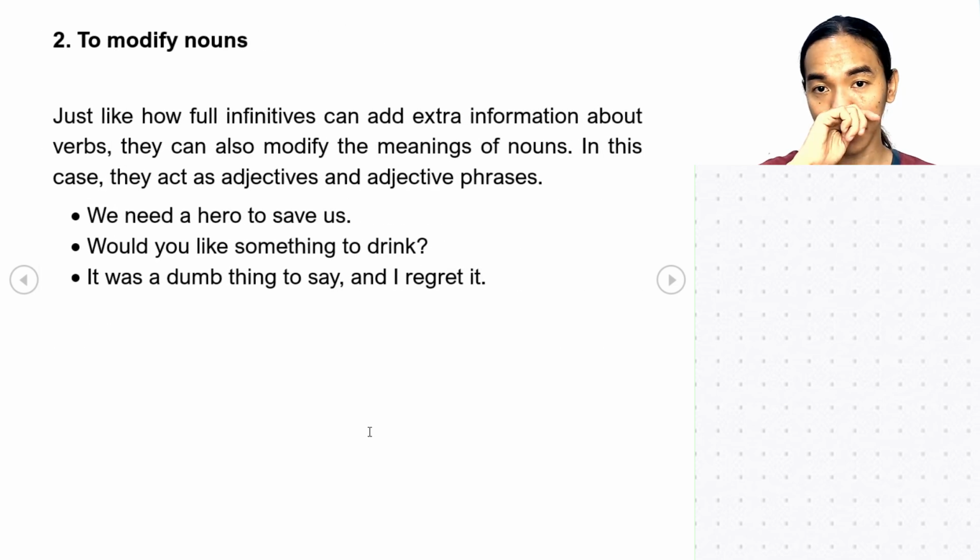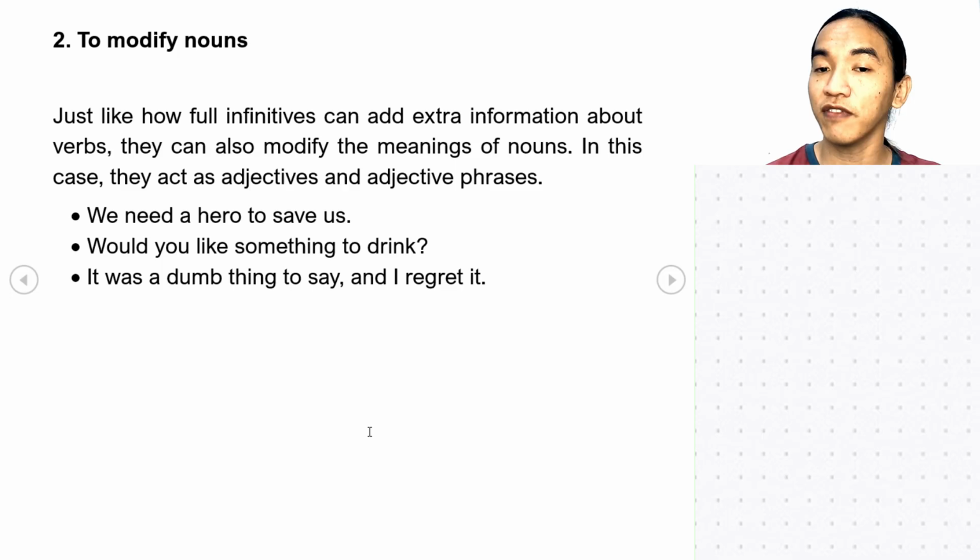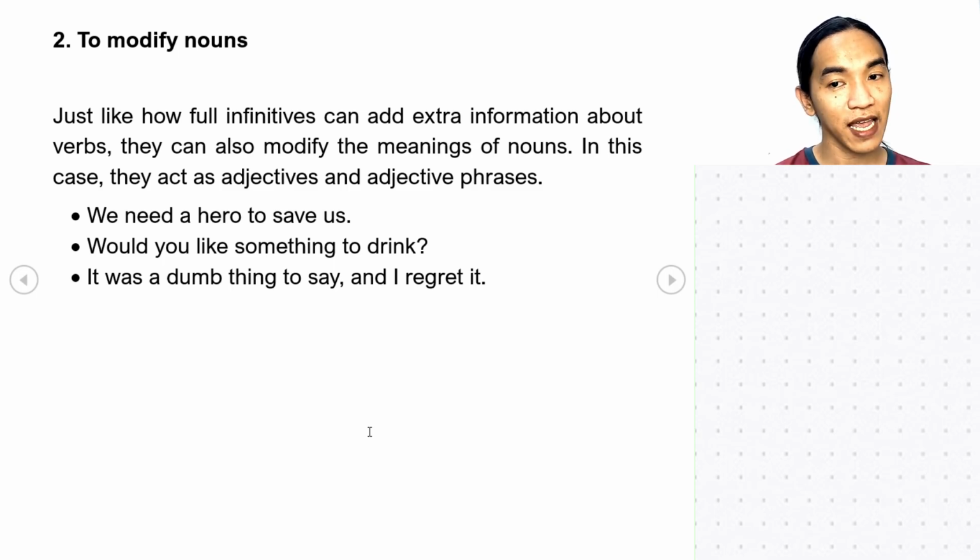Next one. The second function is to modify nouns. Just like how full infinitives can add extra information about your verb, they can also modify the meanings of nouns. In this case, they act as adjectives and adjective phrases. Example: we need a hero to save us.